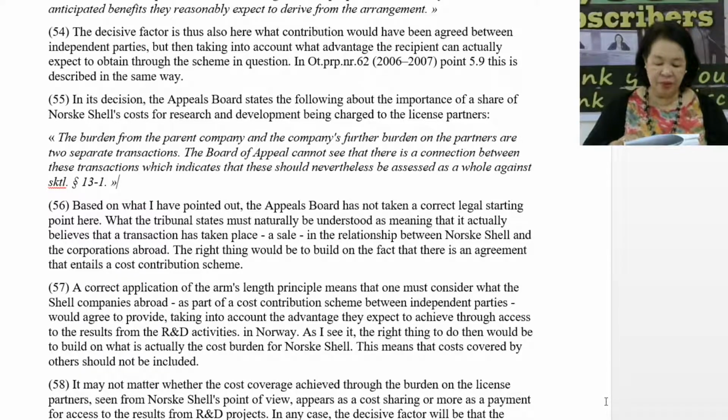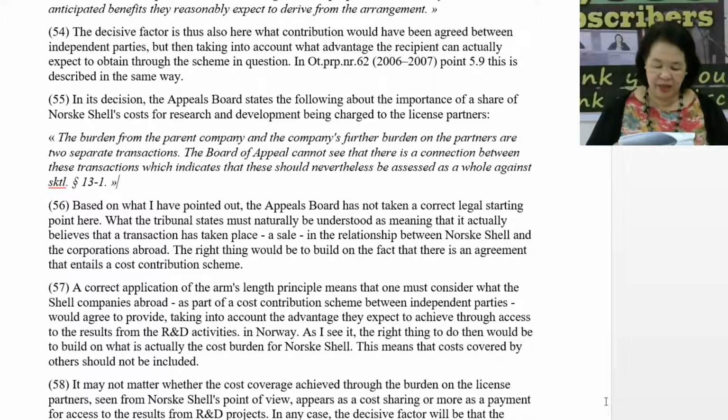The right thing would be to build on the fact that there is an agreement that entails a cost contribution scheme. A correct application of the arm's length principle means that one must consider what the shell companies abroad, as part of a cost contribution scheme between independent parties, would agree to provide, taking into account the advantage they expect to achieve through access to the results from the R&D activities.